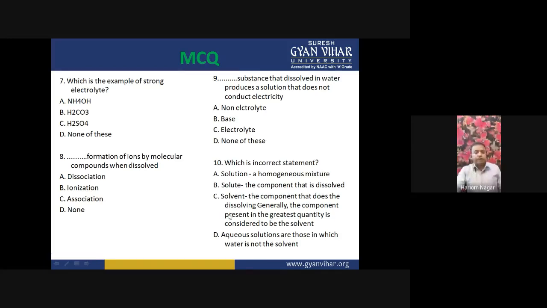So this statement is also correct. And option D: aqueous solutions are those in which water is not the solvent. This is the incorrect option, because in aqueous solutions, water will always be the solvent.